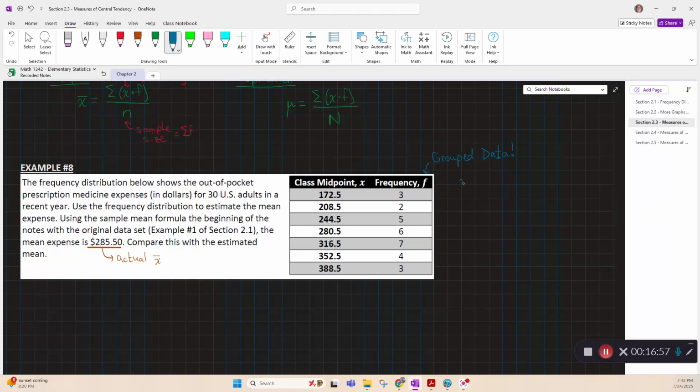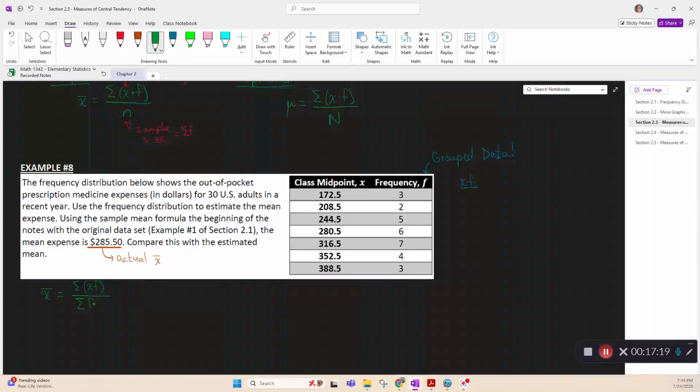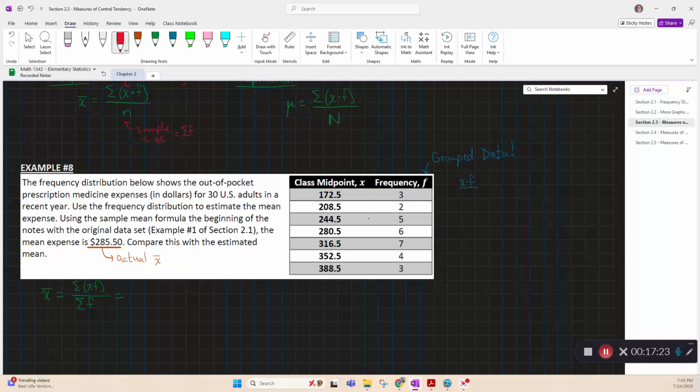So I need a column of X times F. I'm also going to write down our formula. That way I know where I'm headed. X bar equals the sum of the X times the F over my sample size N, which, to keep it synonymous with what we did above, is the sum of the frequencies. Well, I need to get those.